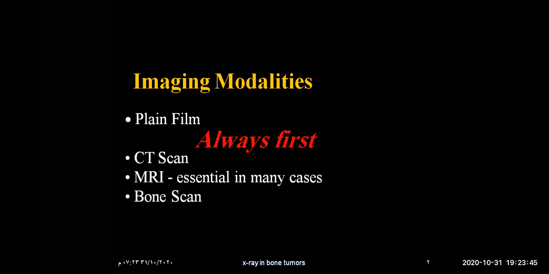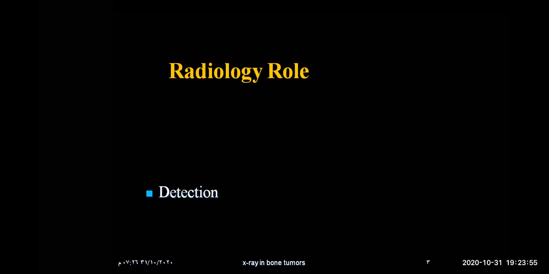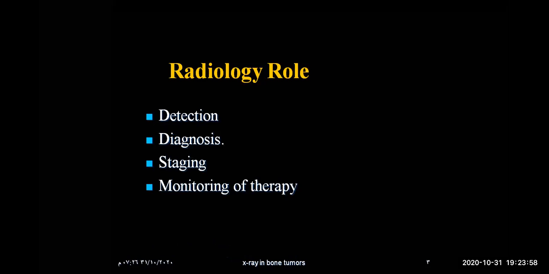X-ray is mandatory, even in soft tissue tumors. What is the role of imaging modalities? To detect an abnormality in the skeleton, to reach a possible diagnosis, to help in staging of the disease, and to monitor the therapy, either chemotherapy or radiotherapy.